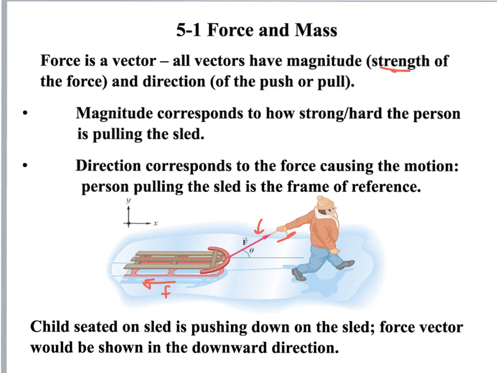So the magnitude corresponds to how hard the person is pulling the sled in this picture, and the direction corresponds to the force that's causing the motion. The person pulling the sled is the frame of reference, and the motion is going to be in that frame of reference and in the direction of the force. So here's the motion, and there's the direction of the force.